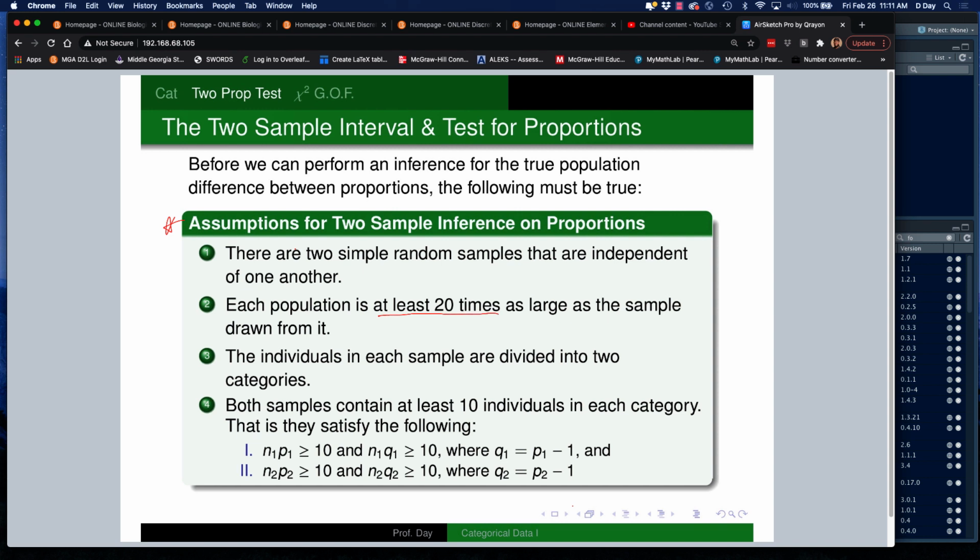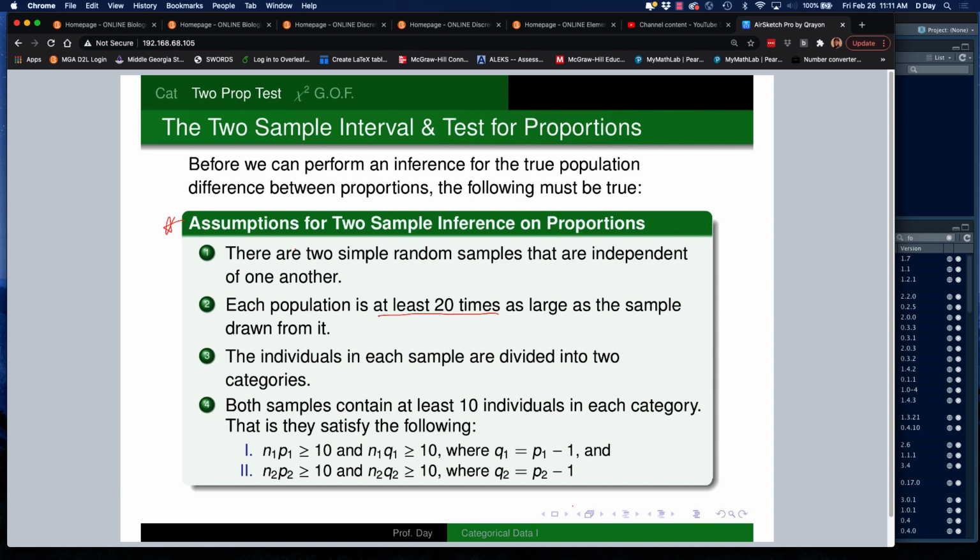Each population for each sample has to be at least 20 times as large as the sample drawn from it. The individuals in each sample are divided into two categories. So this kind of brings back in that mindset of a binomial situation. Either the people in sample 1 met your criteria of what you're interested in. Let's just use voters, for example, because it's easy to do.